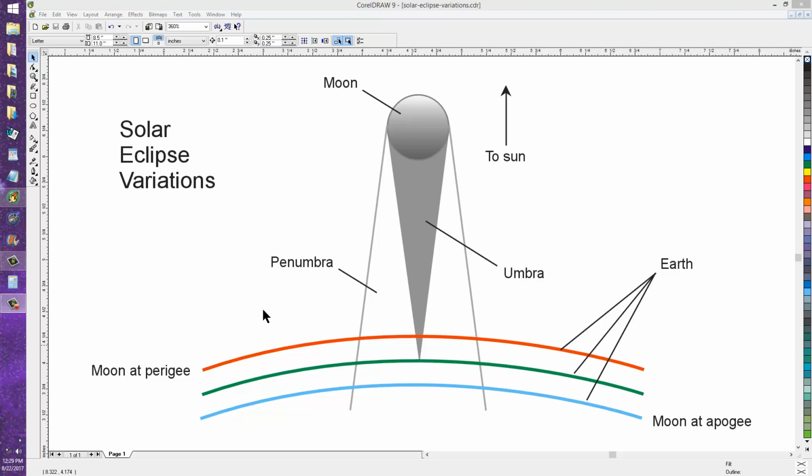The recent eclipse that we had on the 21st of August 2017 was closer to July than to January. What that means is that the Earth was near its farthest point from the sun, called aphelion. So the sun would appear the smallest that it could get in the sky.